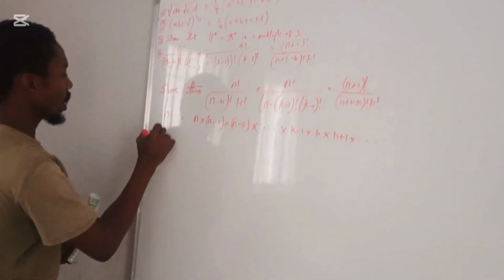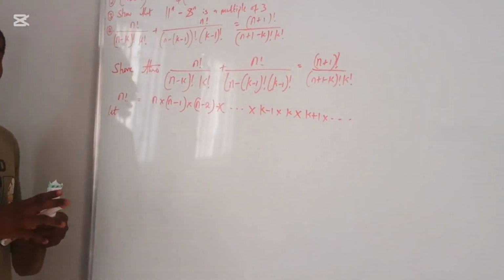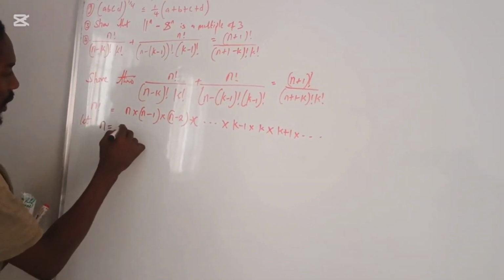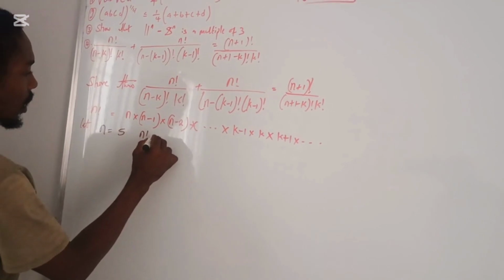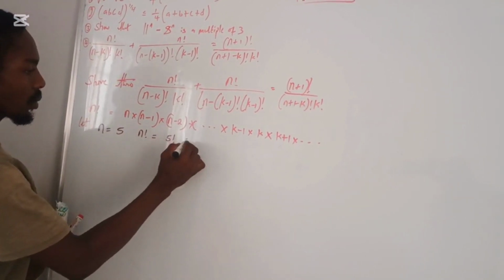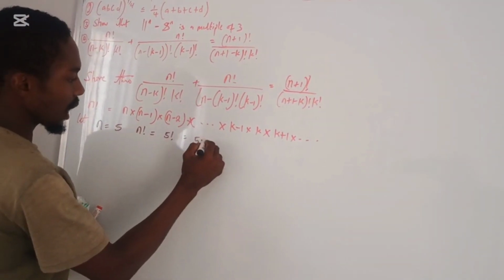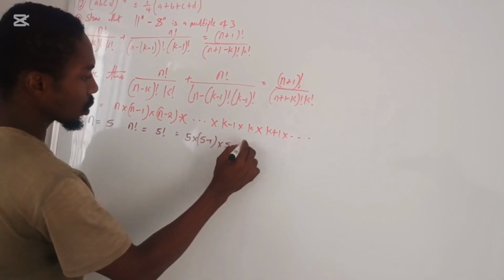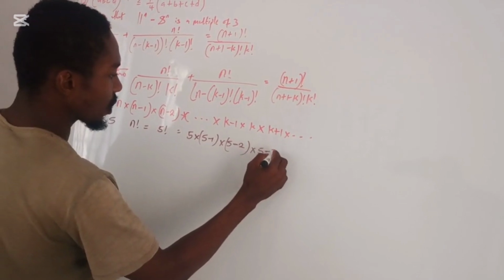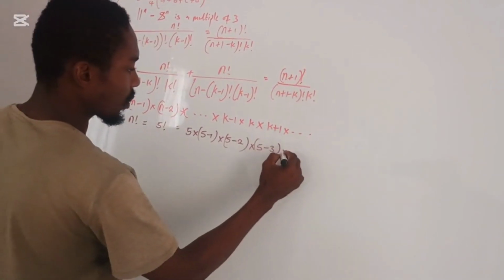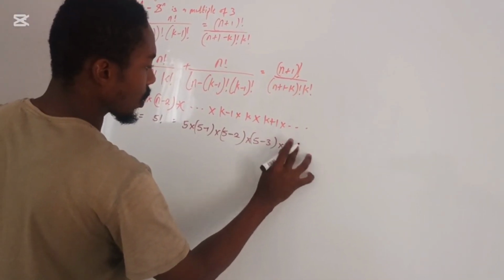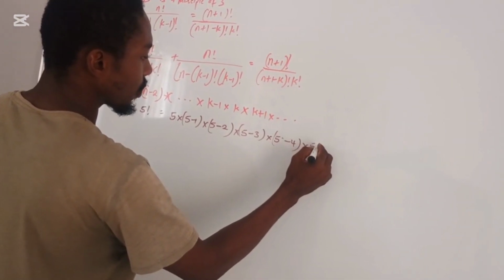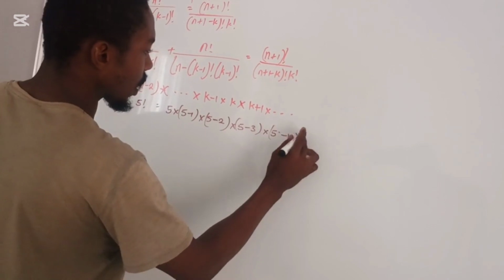So let us, for easier comprehension and easier understanding, let n be equal to 5. n factorial is equal to 5 factorial, which means 5 times (5 minus 1) times (5 minus 2) times (5 minus 3) times (5 minus 4) times 1.